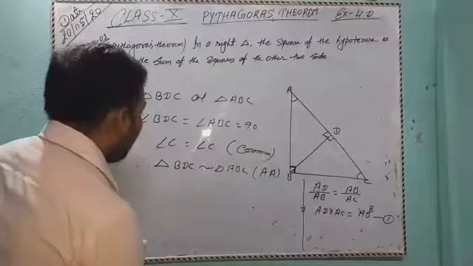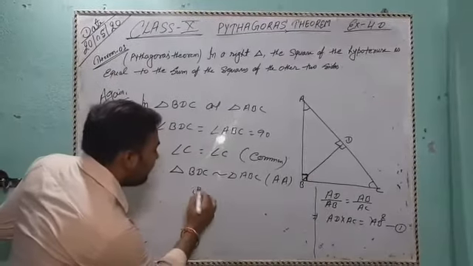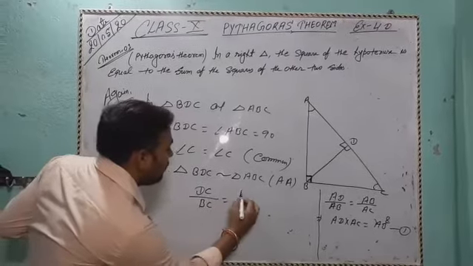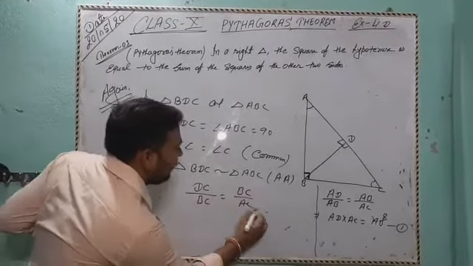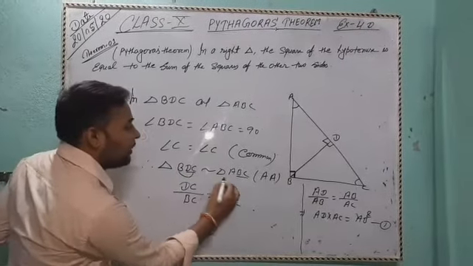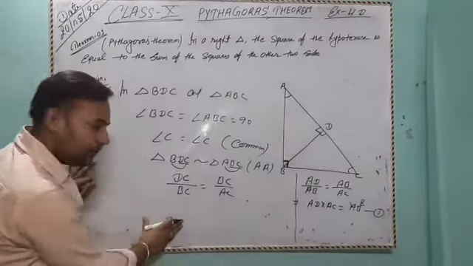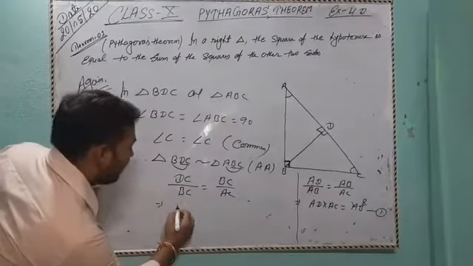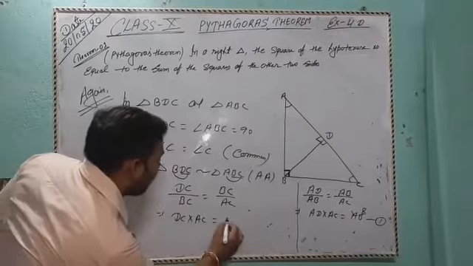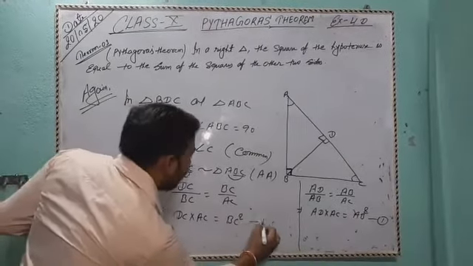So we write DC by BC equals BC by AC. So by cross multiplication, DC multiply AC equals BC square. Equation 2.